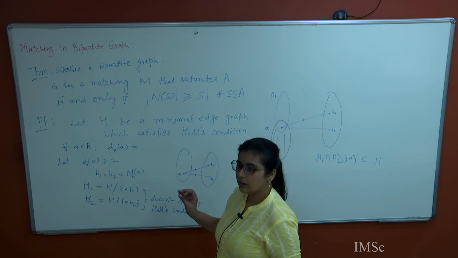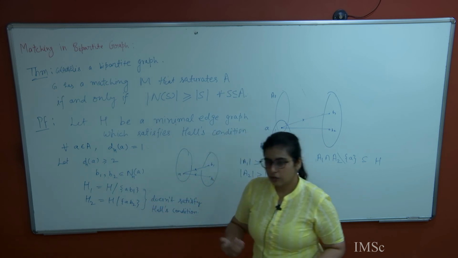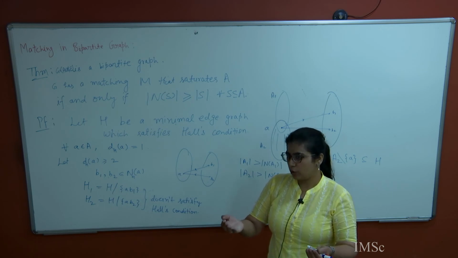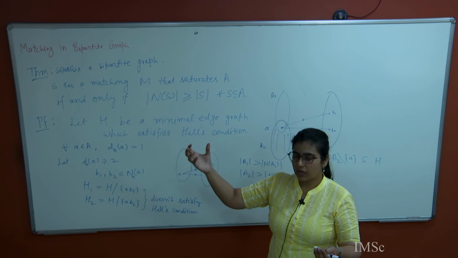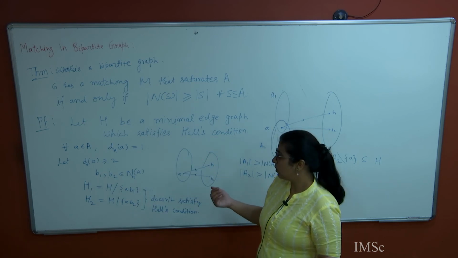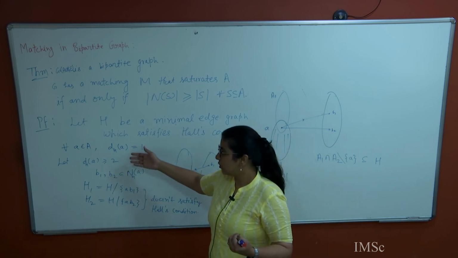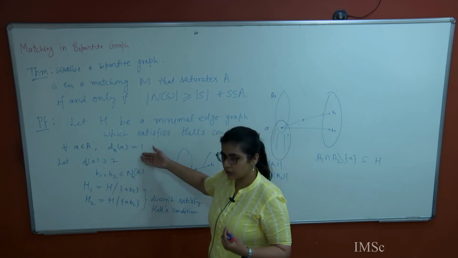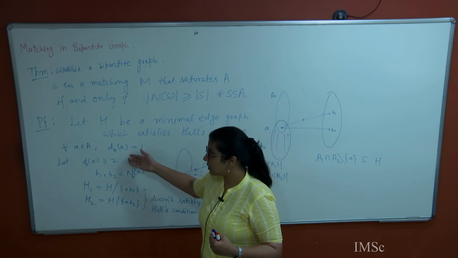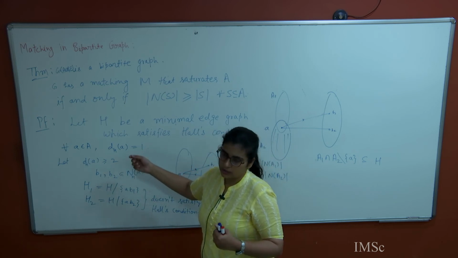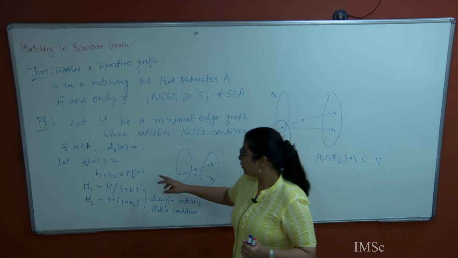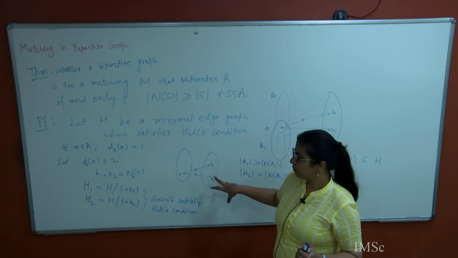So H itself is a matching. I want to show that the minimal edge graph is a matching which saturates A, that is, the degree is 1 for every vertex in A. So I started with that contradiction: suppose there is some vertex which has degree at least 2, so it has two neighbors B1 and B2.